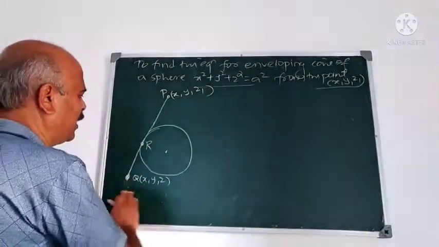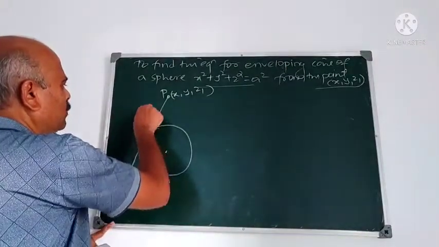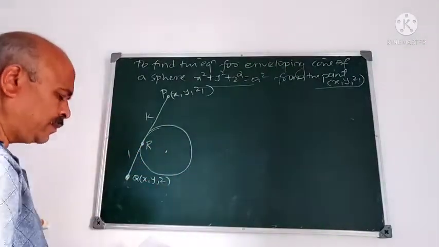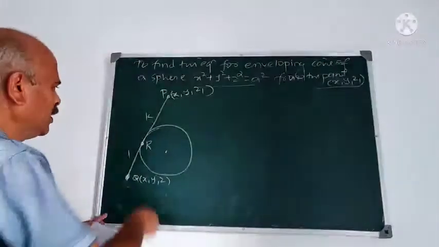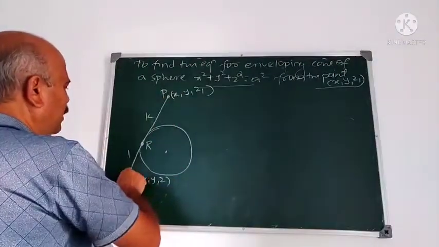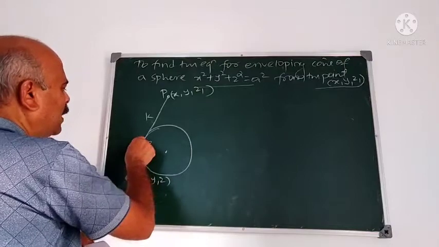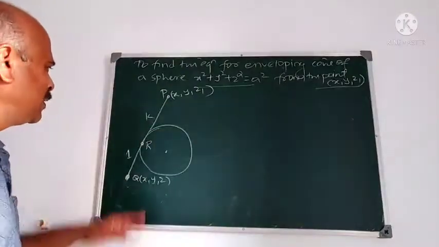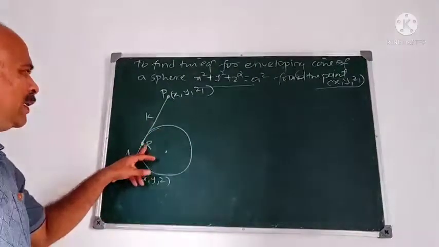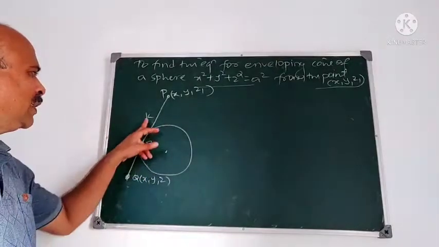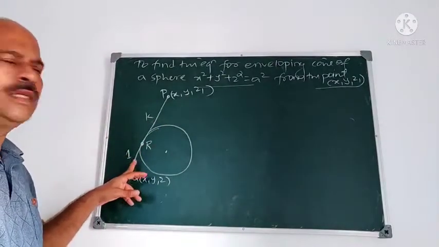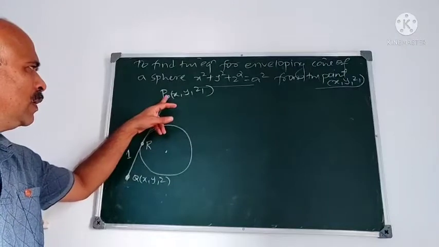Suppose Q (x, y, z) is any arbitrary point, and suppose R divides the tangent line PQ in the ratio k is to 1. Then R divides PQ internally in the ratio k is to 1. So we proceed like this.